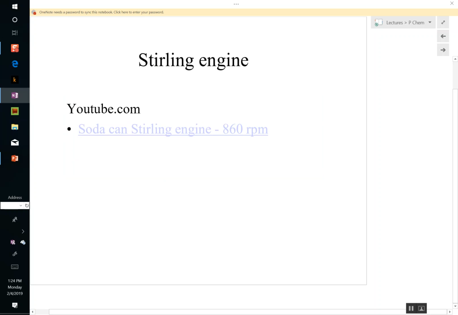I had a little fun looking up the Stirling engine. Have you done that in engineering class? I've heard the name. In some engineering classes, they challenge the students to make a little Stirling engine. You can look at 5, 6, 8-minute videos where they've taken a Coke can, cut the top off of it, and got some steel wool, and they make this little Stirling engine. They put a little candle underneath it.